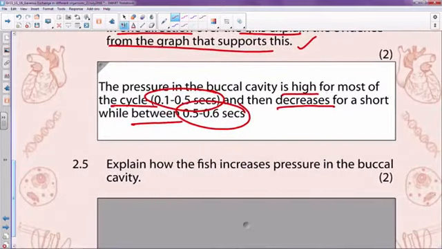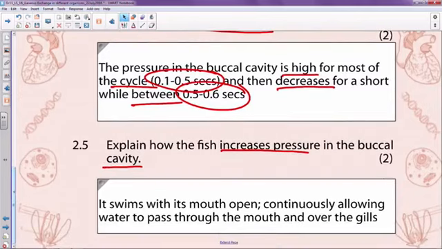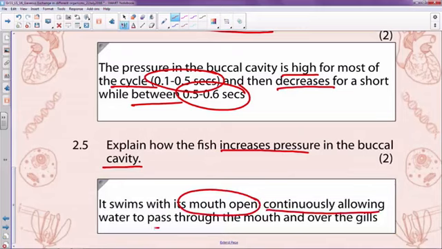2.5. Explain how fish increase pressure in the buccal cavity. If you look at this, it's quite simple. You'll find that it swims with its mouth open, and when it does this, it allows water to enter. This allows continuous flow of water through the mouth and then over the gills.